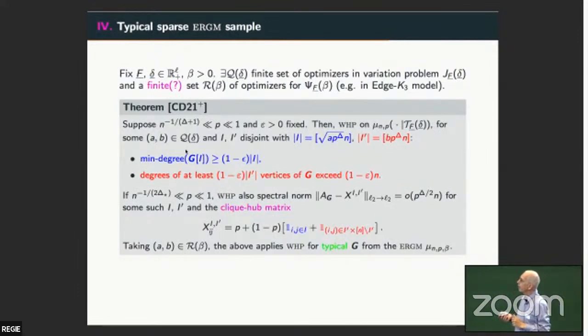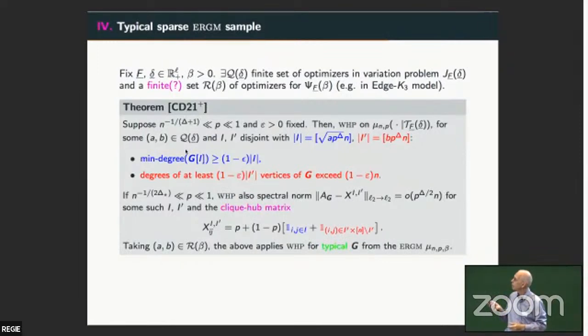And if you take the more restrictive domain, you actually know more. You know that your adjacency matrix, if you subtract from it what I call the clique and hub matrix, which is, like I showed you, a black one where the clique is, a black one where the hub is, and everything else is P, and you look at the difference between these two matrices, the spectral norm, the maximal eigenvalue of this matrix, is relatively small.